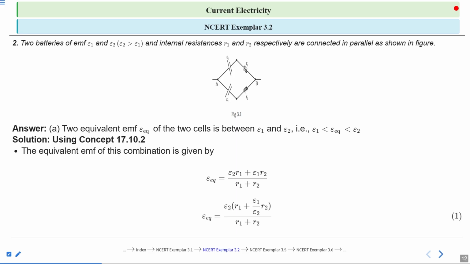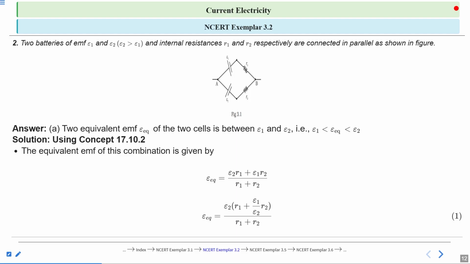So if we take epsilon 2 as common from the numerator, what expression will remain? R1 plus epsilon 1 upon epsilon 2 into R2. Okay, this is the expression left in the bracket.